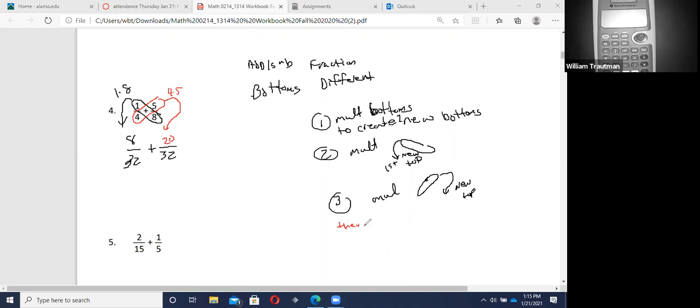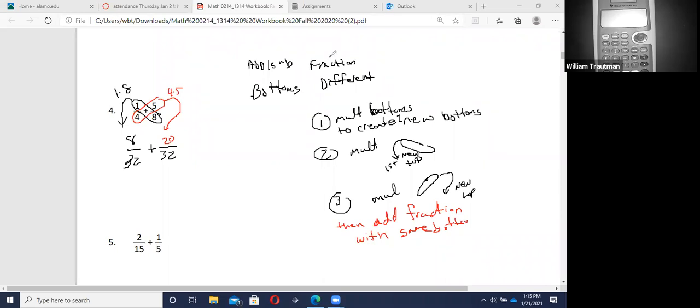Then just add the fractions. Add or subtract fractions with the same bottoms. Do you see they have the same bottom? So we're going back to the same bottom rule. So then we're going to add or subtract the fractions with the same bottom.